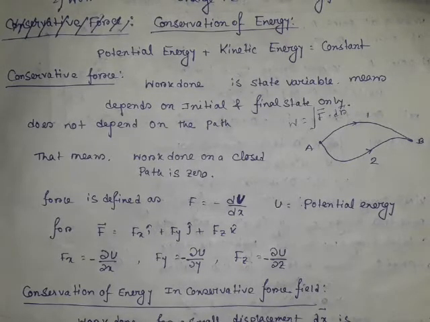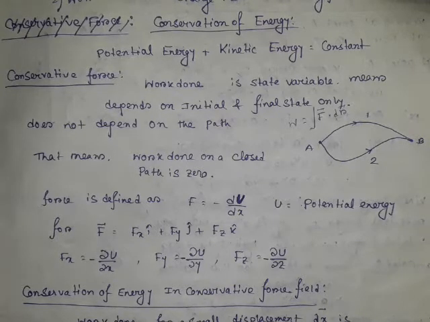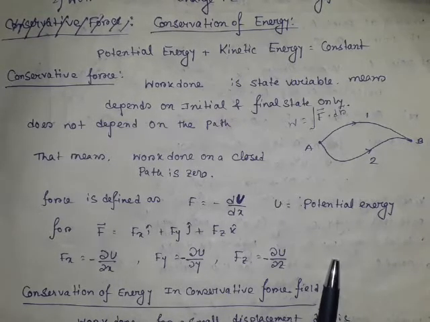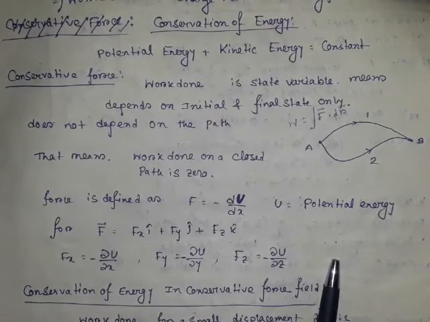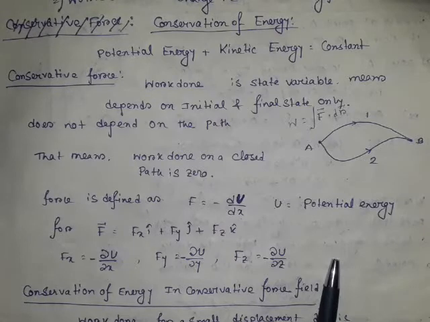In that case x is a function of y. For that case we use the partial derivative, which shows the variation of something with respect to a particular variable. When we use del U del x, we are finding the variation of U with respect to x, keeping y and z constant.